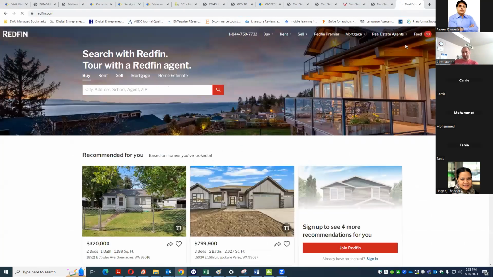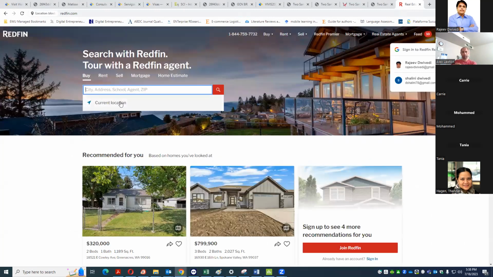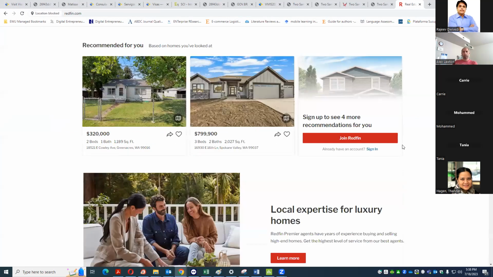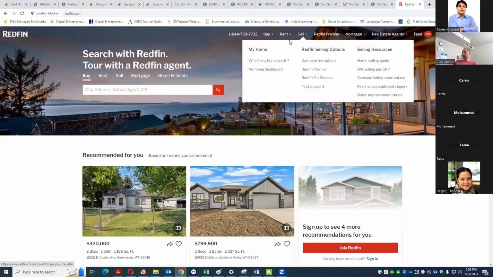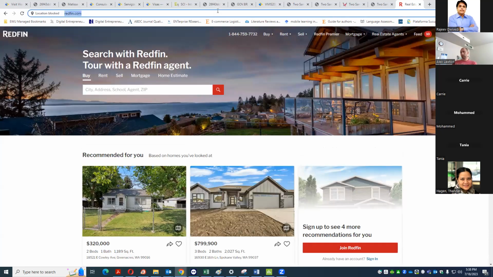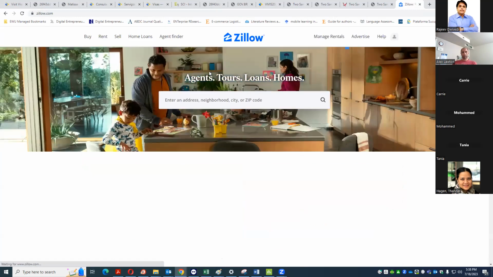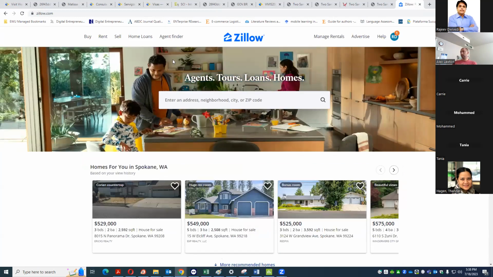They have an option to download data somewhere here. You can select the location, and then you have the option to download. Zillow also has the data. So doing and collecting one by one is challenging.